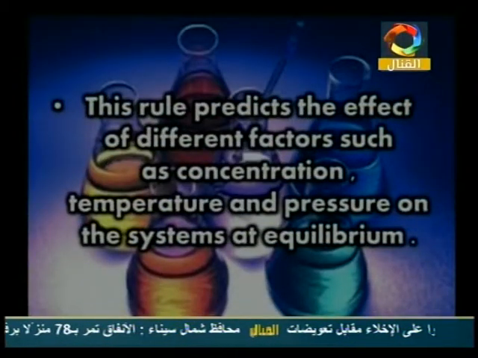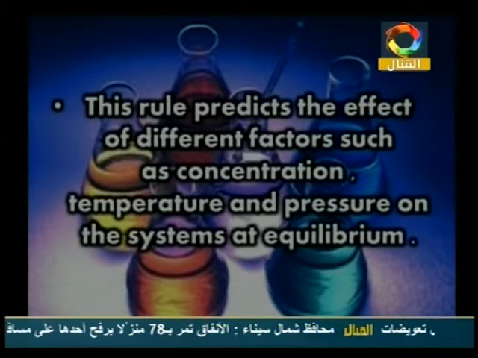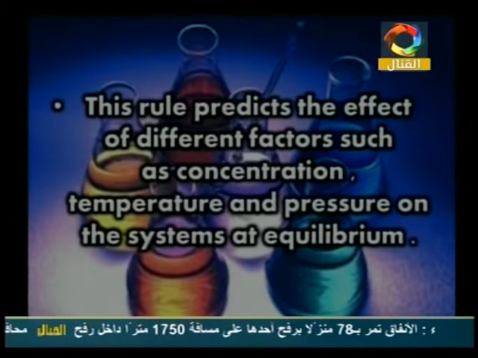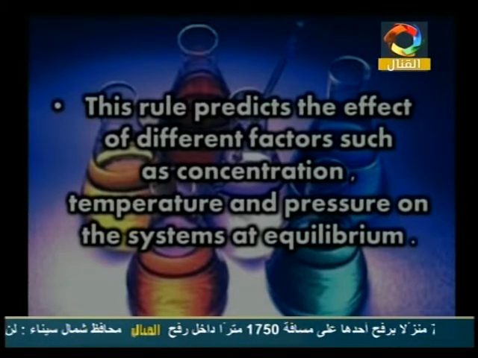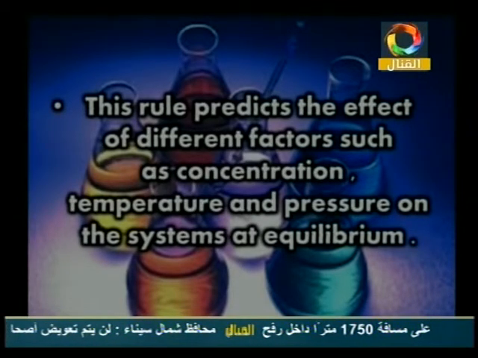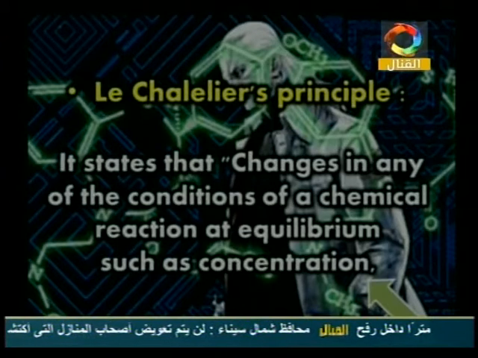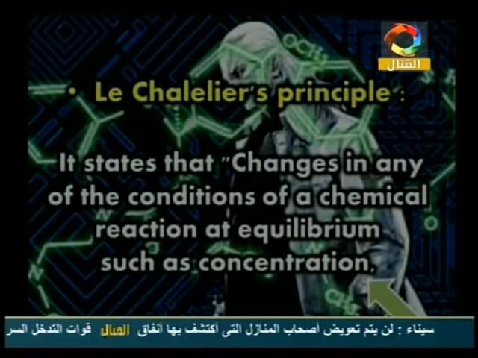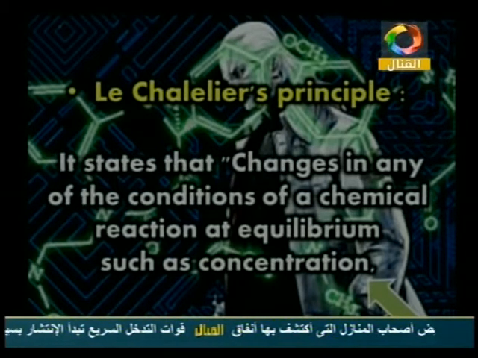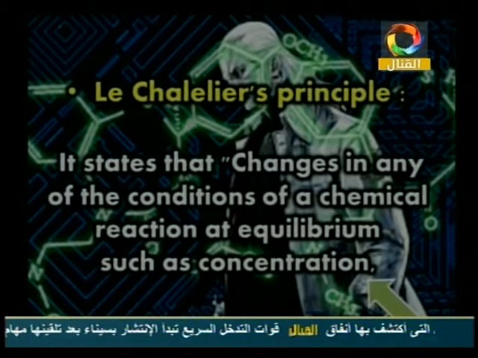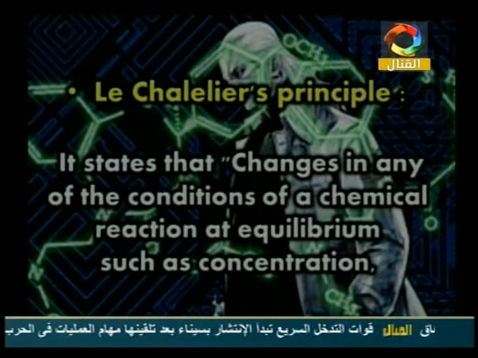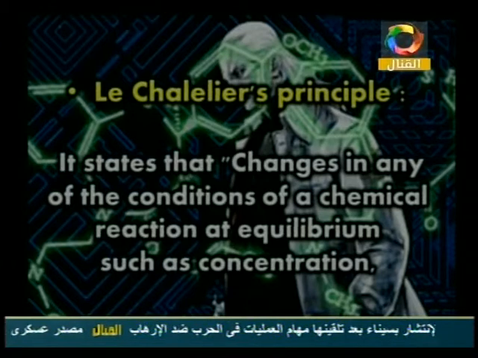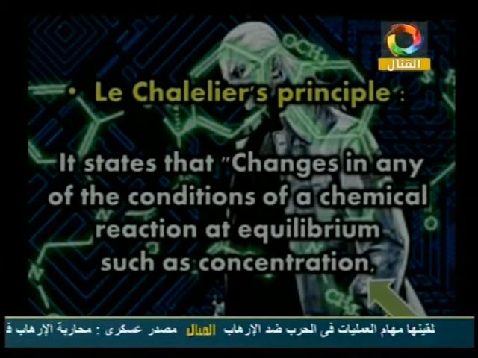Now, this rule predicts the effect of the different factors such as concentration, temperature, and pressure on the system at equilibrium. My lovely students, Le Chatelier stated that a change in any of the conditions of a chemical reaction at equilibrium, such as concentration, is a change in concentration only?